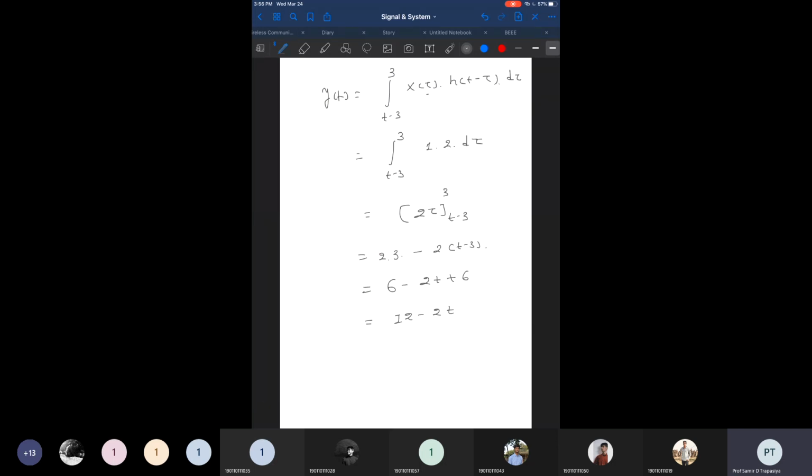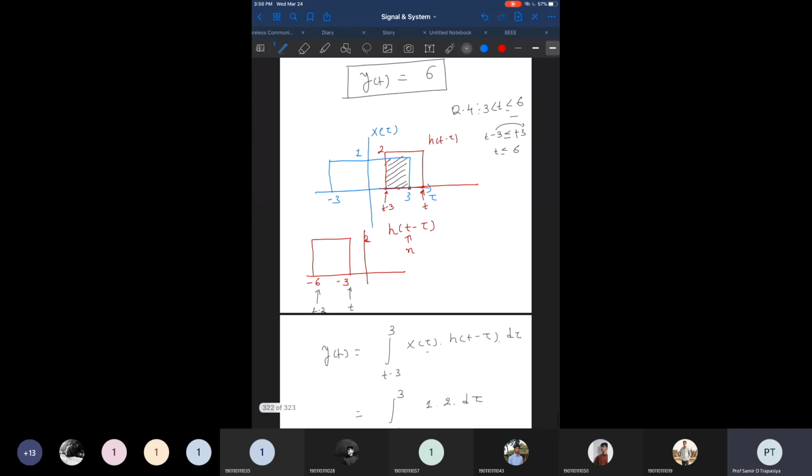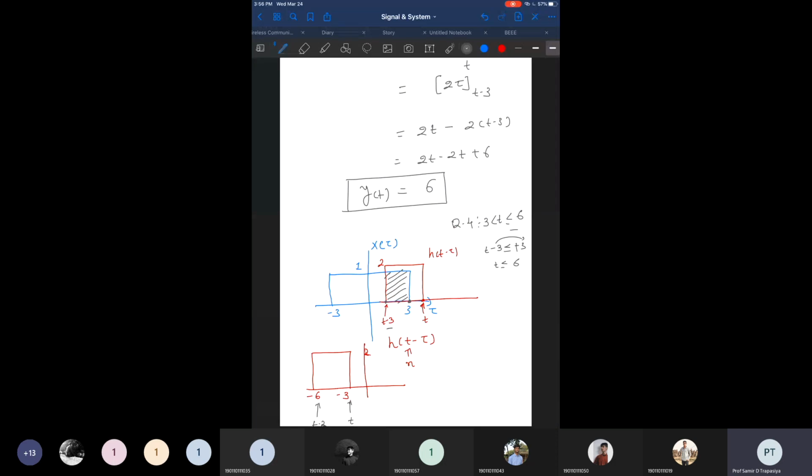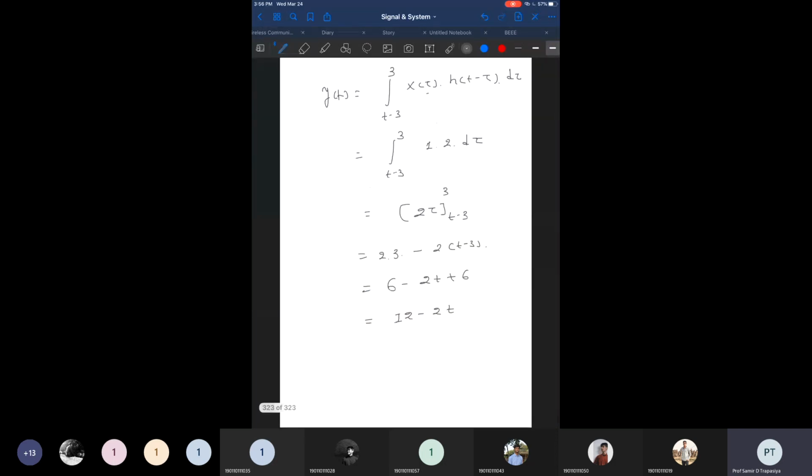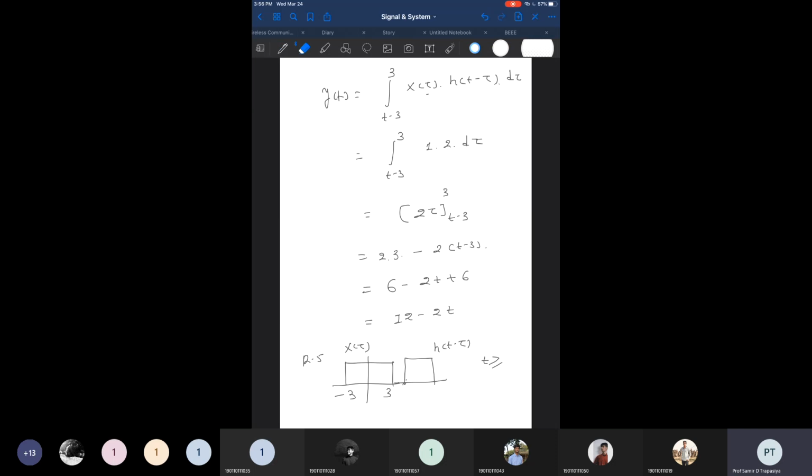Now the next region, region number 5: x of tau is from minus 3 to 3, but then h of t minus tau will cross this boundary, where t is larger than 6, meaning the shifting amount is larger than 6.